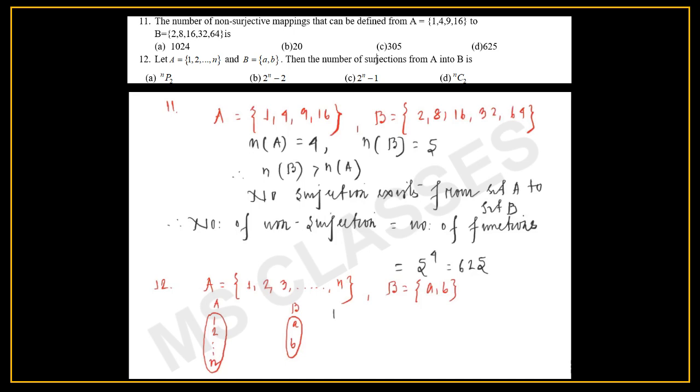So, write it down. Here, for each element in the domain, set A, there are two choices, either a or b.